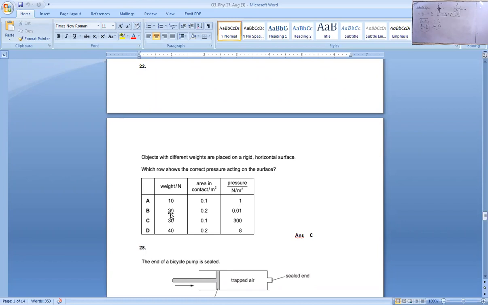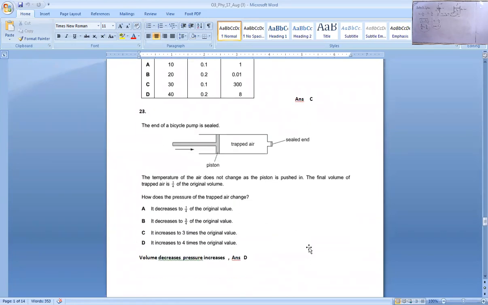If I divide 20 by 0.2, that answer is wrong. If I divide 30 by 0.1, answer is 300. So C is my correct answer. I'm calculating pressure using the first and second column, and the answer should match the third column. So first column weight is divided by area. The answer should be in the third column. The correct answer is C.